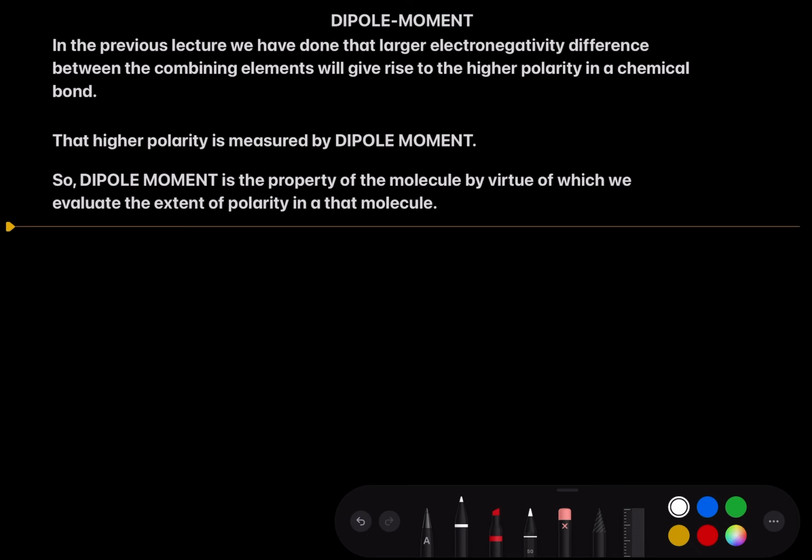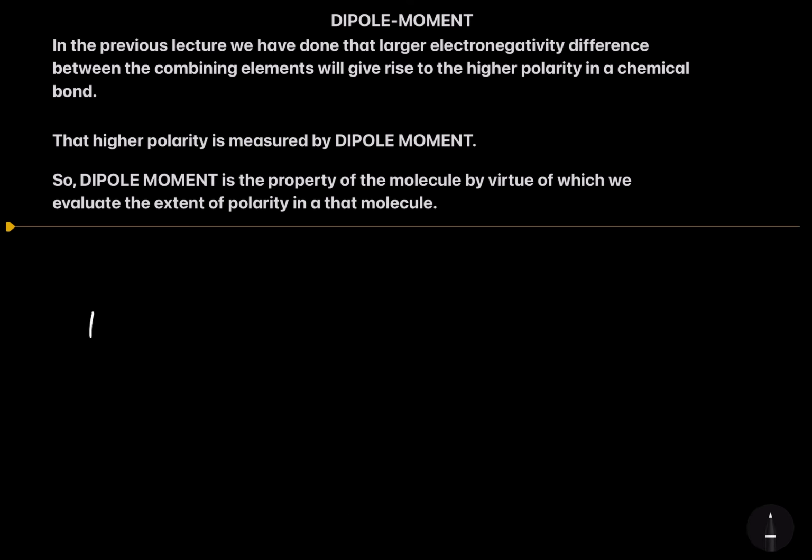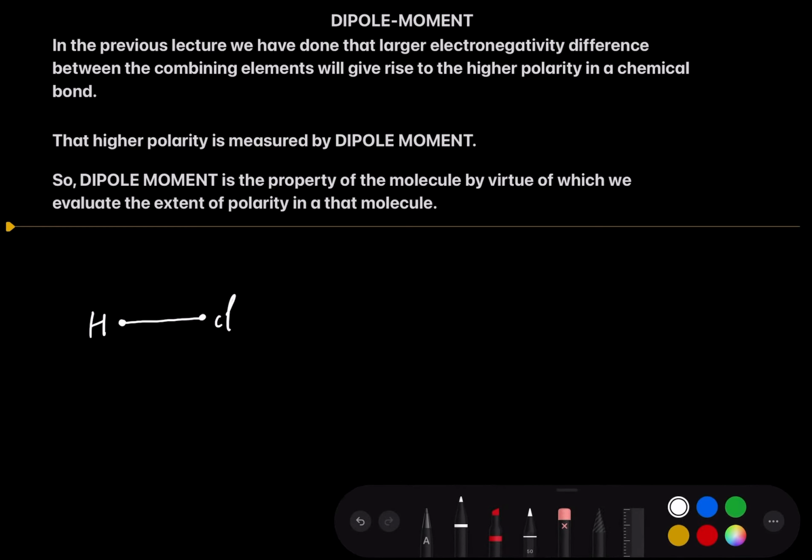Let me take an example. I'm taking the example of hydrogen chloride. That's hydrogen having one electron, and that's chlorine, and that's the electron of chlorine. And these two electrons will form a single bond between the hydrogen and the chlorine. In the previous lecture, we have done about the values of electronegativities.